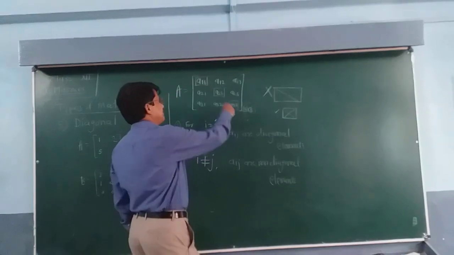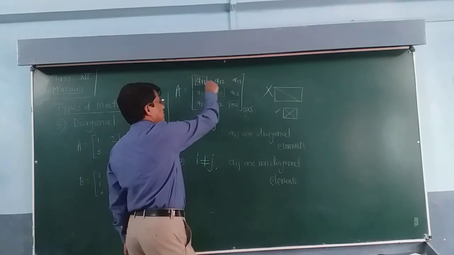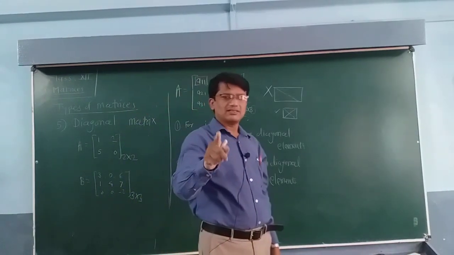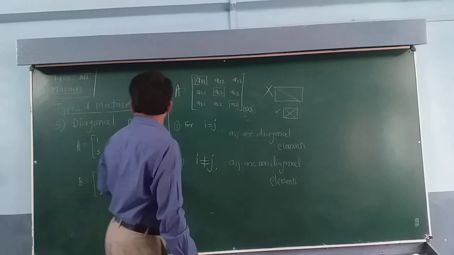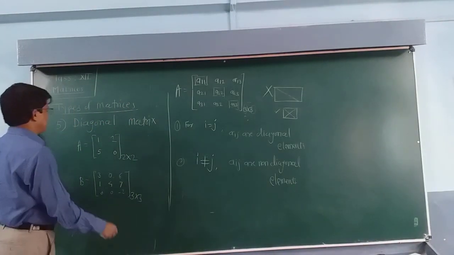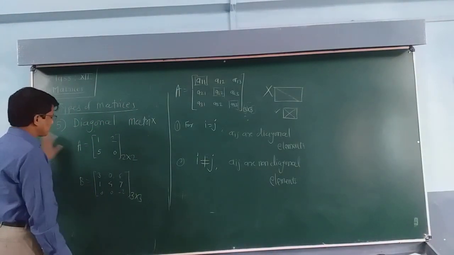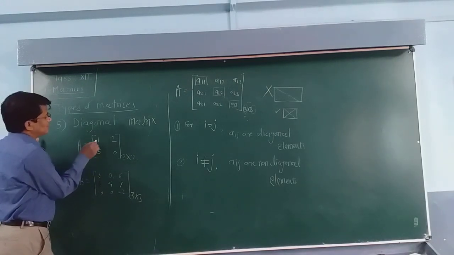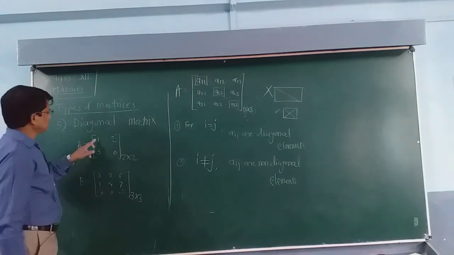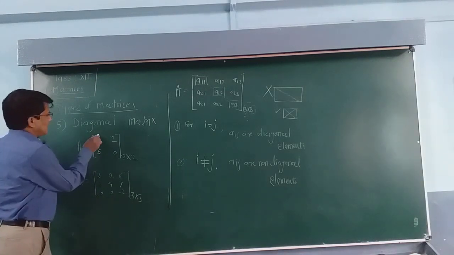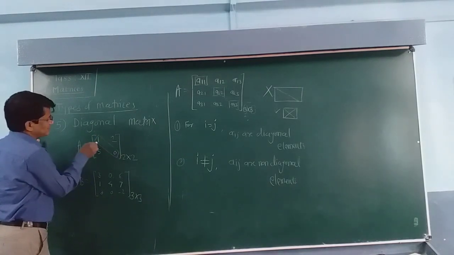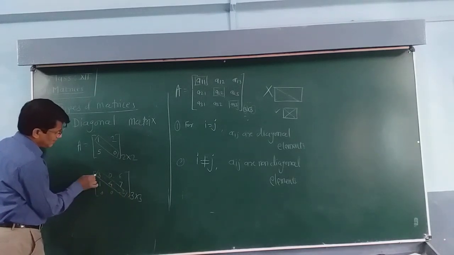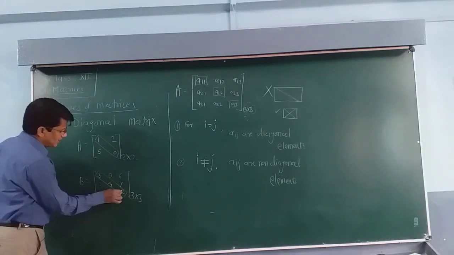Only the elements arranged from top to bottom are the diagonal elements. Here the diagonal elements are 1 and 2. Here they are 3, 4, minus 2.